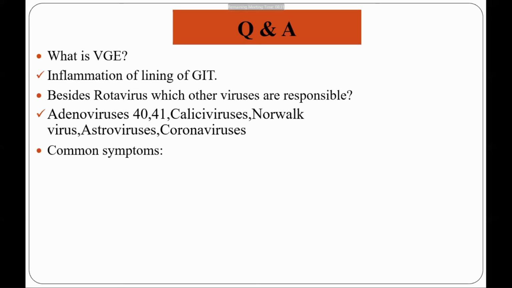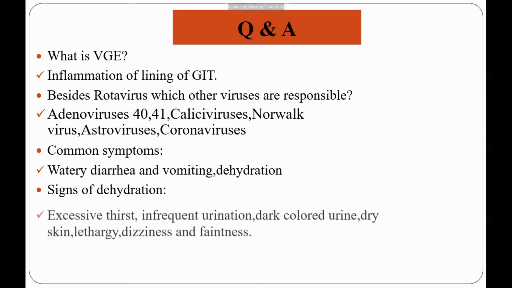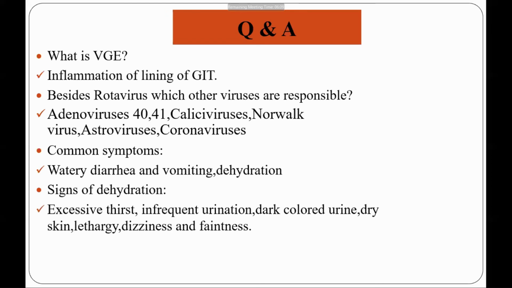Diarrhea, vomiting, fever, then dehydration. These are the signs of dehydration: excessive thirst, infrequent urination, dark colored urine, dry skin. A person feels lethargy, dizziness, and if there is severe dehydration, it may lead to fainting of the affected person.